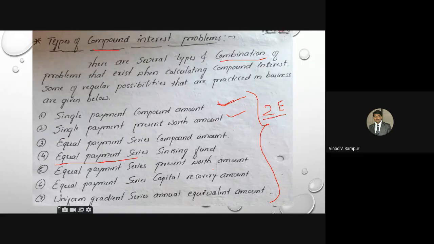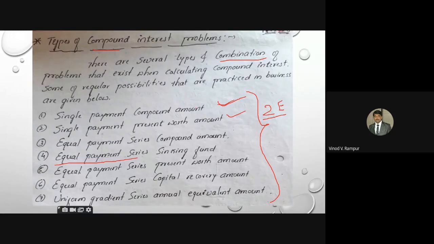Remember, if you have the knowledge of what I explained before, along with how to draw the cash flow diagram, then only will we be able to solve the problems easily from this part. Otherwise, it is highly difficult to understand the problems and what I am explaining here. Clear?